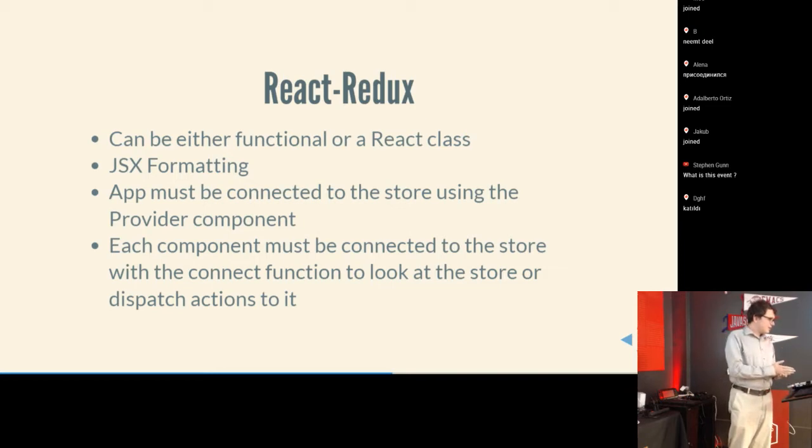Specifically, the app must be connected to the store using the provider component. When using the React Redux library, there's a component called provider. And through using the provider component and using the connect function, that's how people usually connect their components to the store so that they can dispatch actions back to the store from a nested component.